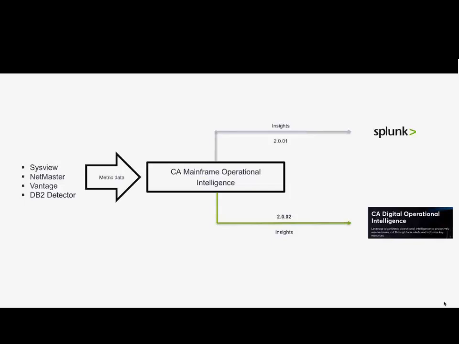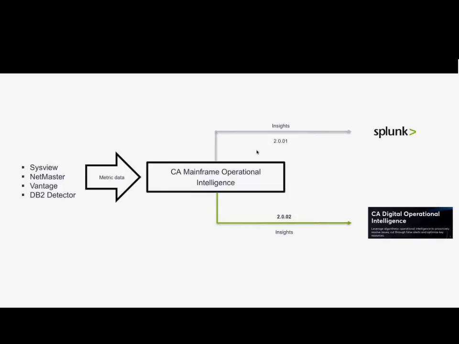In our release 2001, which went out in December, we integrated Splunk. If you have already invested in Splunk as a distributed operational intelligence software, and you want to leverage the mainframe insights gathered through MOI to have enterprise-wide visibility, MOI has a built-in connector to Splunk, and it can stream all the insights it has derived from the data directly into Splunk.